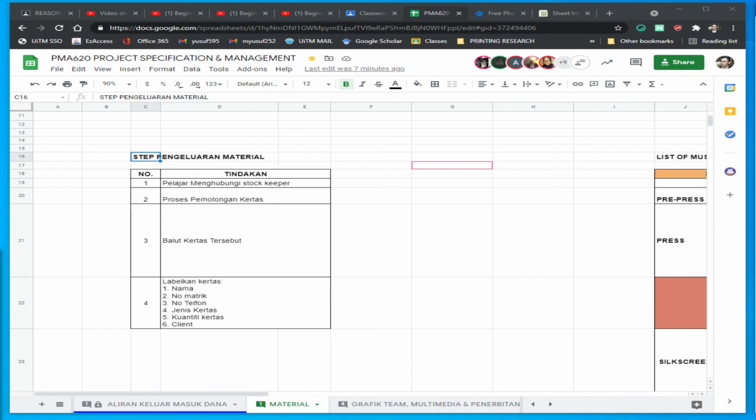And this will also help you in your technical report. There is a chapter called project planning. You will include how you plan your paper, how you plan the work from development to pre-press up to post-press until delivery.